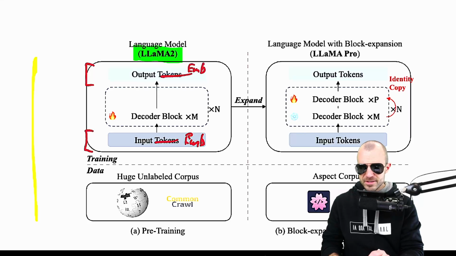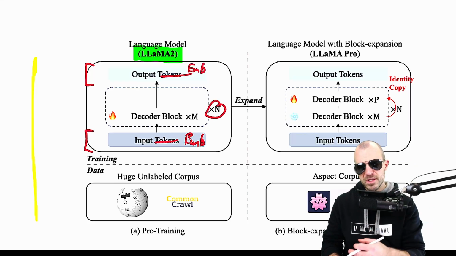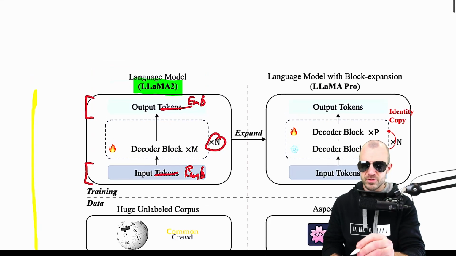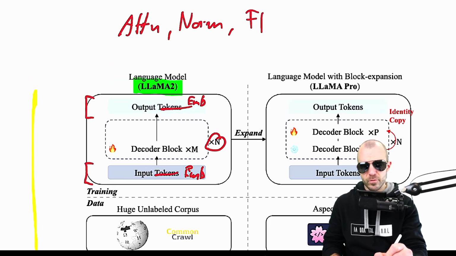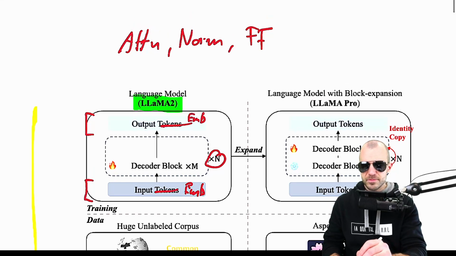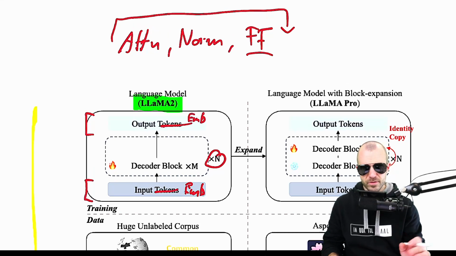In any case, you get some sort of input embedding, and then you pass it just through groups or blocks of these transformer things. And these transformer blocks, usually they have some kind of attention mechanism, some kind of normalization, some kind of feed-forward layers, and so on, and then some sort of residual connection, and then maybe repeated a bunch of times or have two feed-forward connections or whatnot.